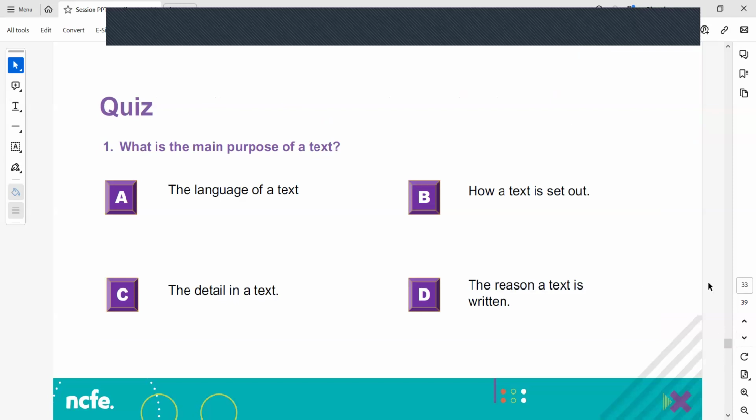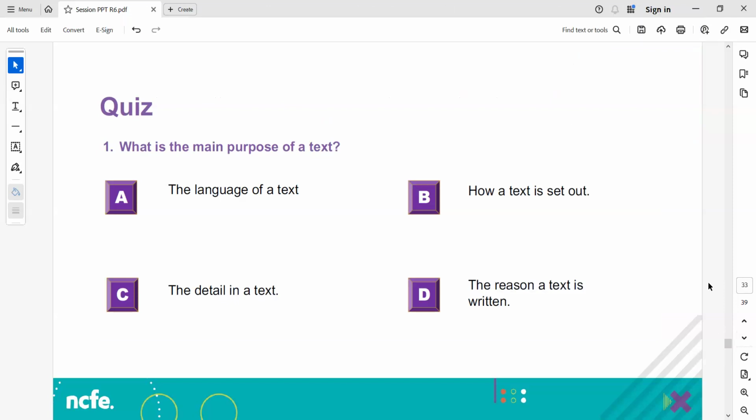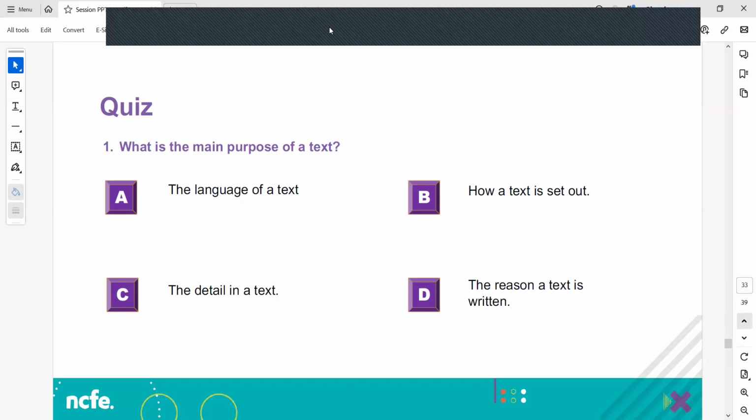Okay, so we're nearly finished now, so let's check our understanding. What is the main purpose of a text? If you're asked that question, what are you looking for? The language of a text, how a text is set out, the detail in a text, or the reason a text is written? I'll say A, the language of the text.